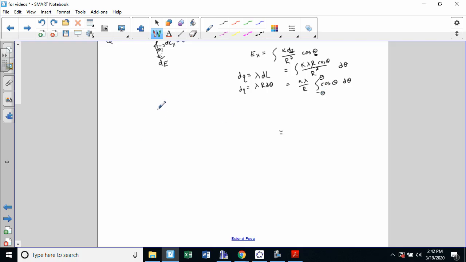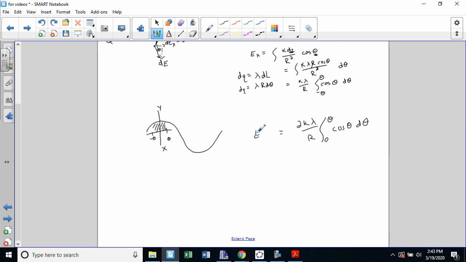So the integral of cosine, because cosine is symmetric about the y-axis, if you integrate from negative theta to theta, the contribution from the left side is the same as the contribution from the right side. So I'm going to write that integral from negative theta to theta as 2k lambda over r, and then only integrate from 0 to theta of cosine theta d theta.